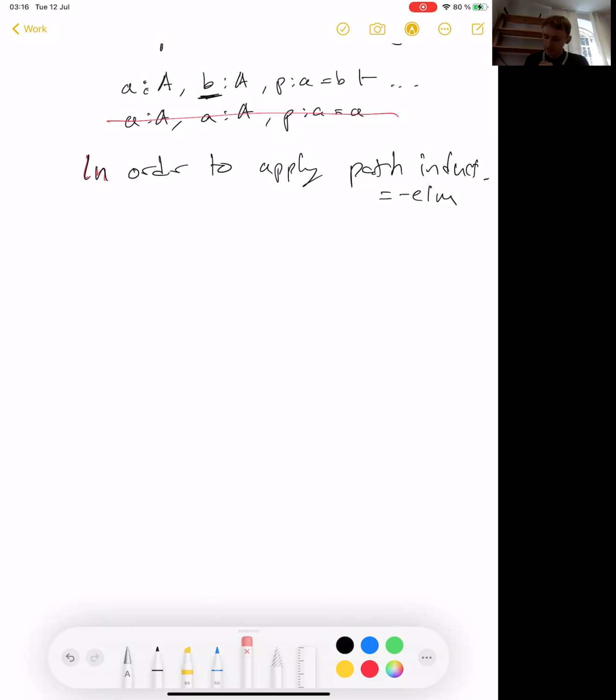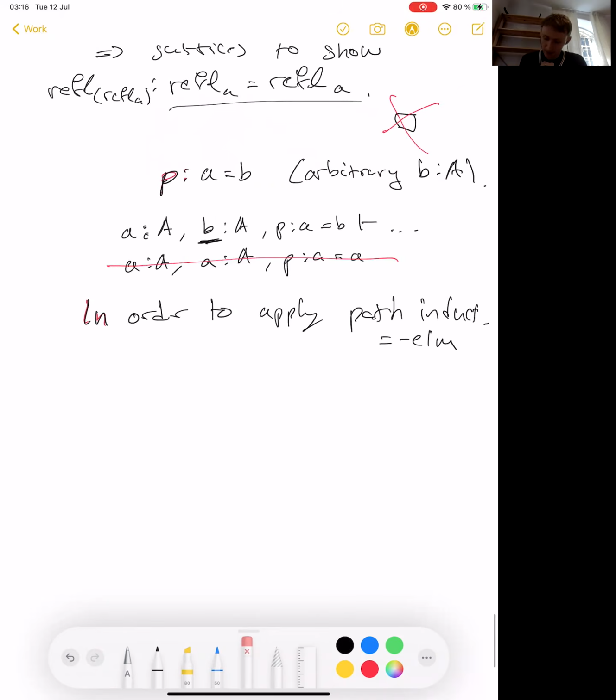Because there's another case where it doesn't work. You might have a path like this. It's kind of true what you're saying, and it's a good idea, but you could have something like P of A equals, say, F of A, where F is a function from A to A. In this case, you're also not allowed to use path induction because the A appears in this term, right?